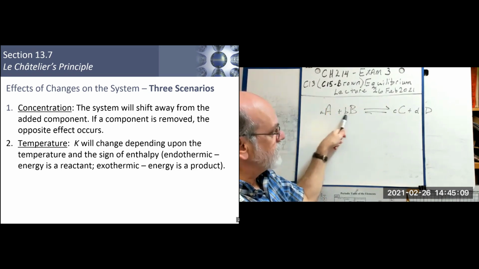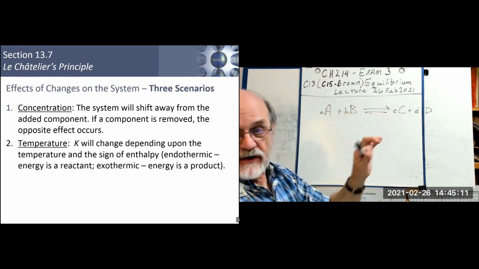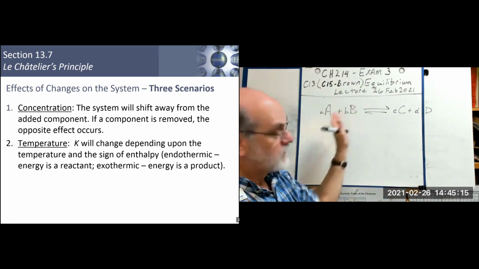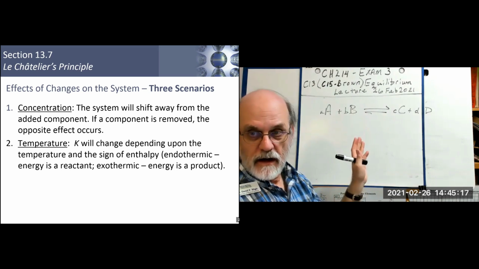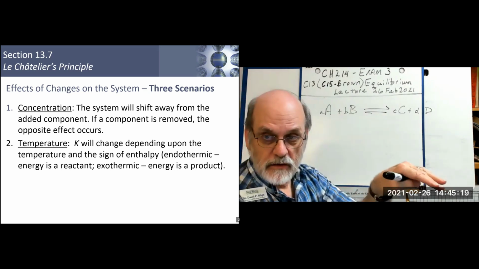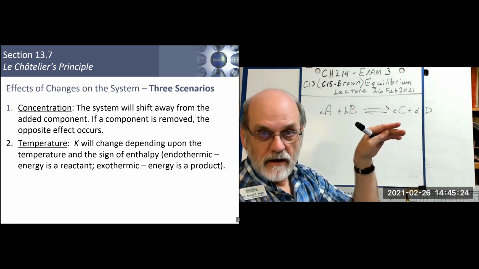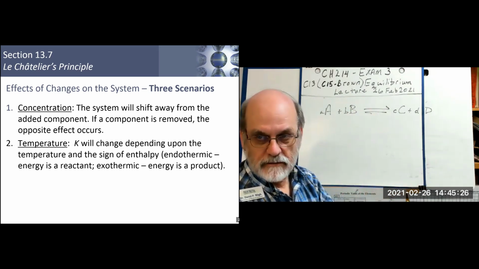Or if we add B, we're going to shift that way until equilibrium is reestablished and the concentrations placed into the law of mass action for that reaction give us the K value.